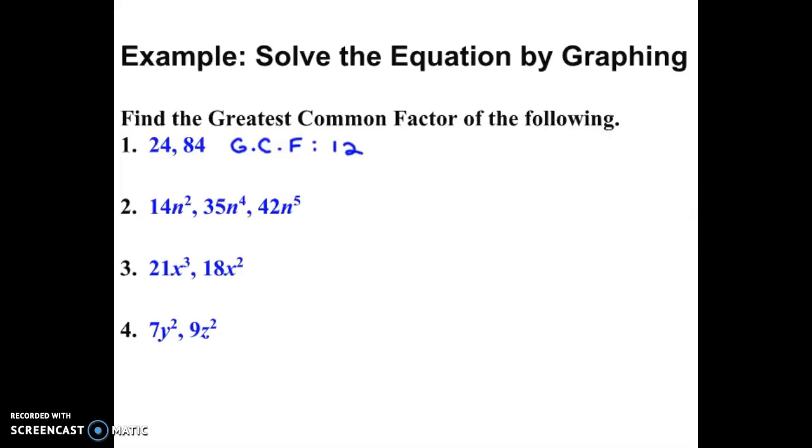Okay, our next example. I have 3 terms: 14n squared, 35n to the 4th, 42n to the 5th. Find the greatest common factor of 14, 35, and 42. If you don't know it, you could make a tree. Here's another easy way: pick the smallest number of the group, which is 14.